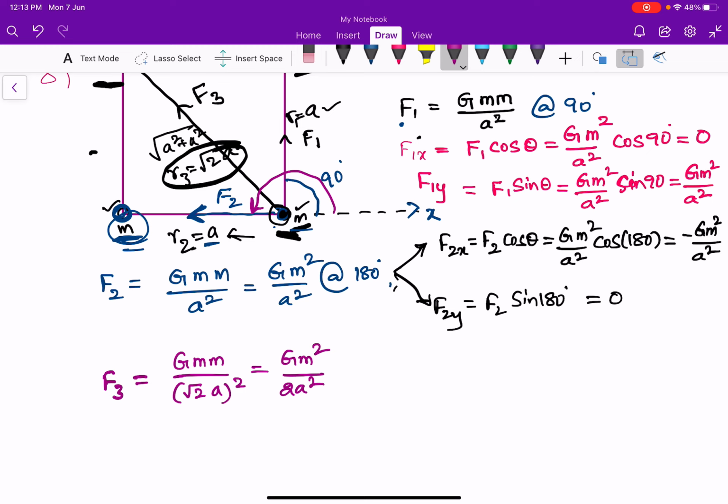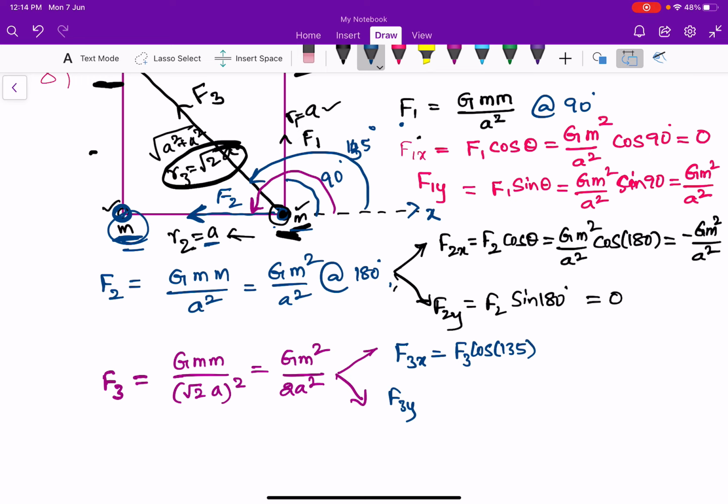So I am resolving this F3 into components. I am going to find F3x and F3y. So F3x is nothing but F3 cos theta. So this angle from the positive x-axis in the counterclockwise direction will be 135 degrees. 90 plus 45, 135 degrees. So F3 cos theta, cos 135.